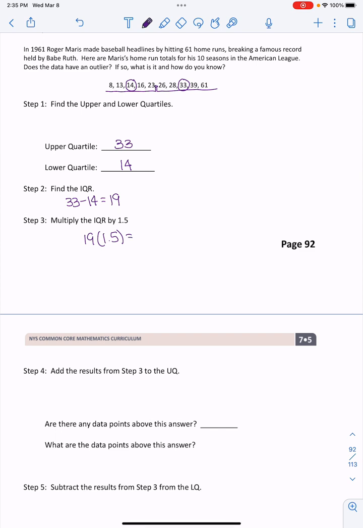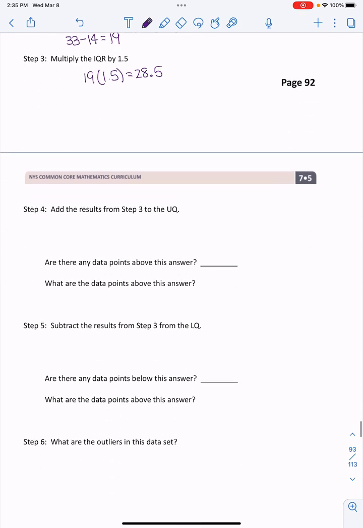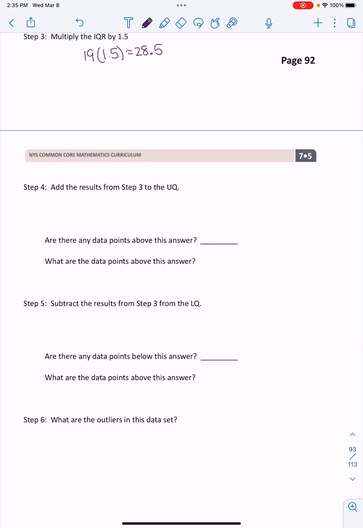And I'm going to get 28.5. The next thing we have to do is add the results from step 3 to our upper quartile.